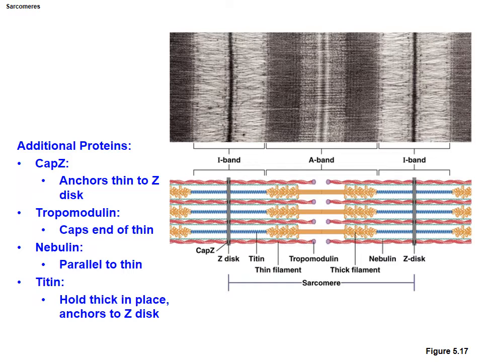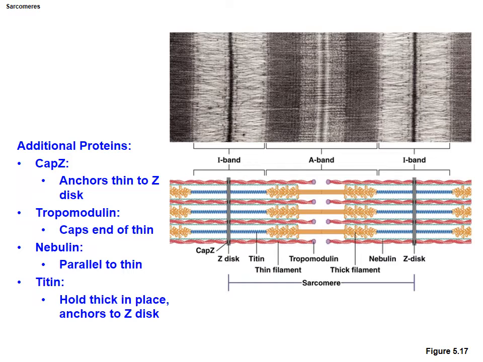And to keep the thin and the thick filaments in an organized pattern, we're going to have some regulatory proteins. So if you look over to the left-hand side of the PowerPoint, you're going to notice some proteins with their function. The first one is going to be the CAP-Z. The CAP-Z will allow the thin filament to attach to the Z disc.